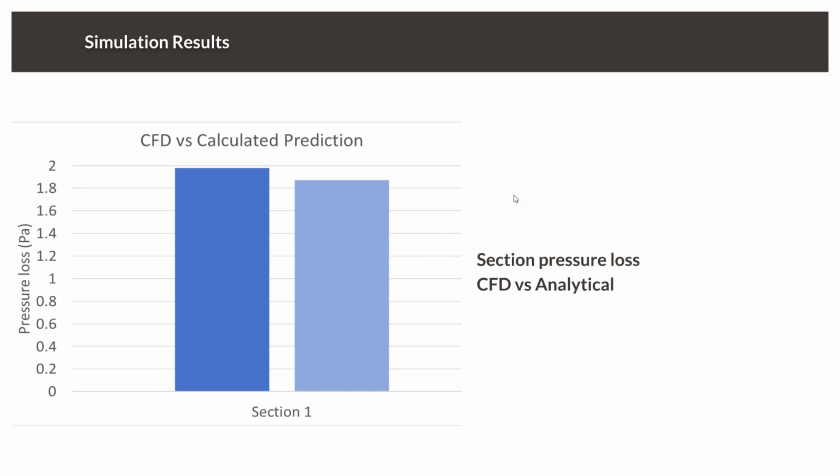And you may say, well, 10%, why should I care? A lot of times it's maybe not important, but whenever you have big changes, for example pressure separations, this is something which cannot be predicted very well by analytical models. So CFD is not only adding more precision, but also allows you to understand what is happening inside the flow.